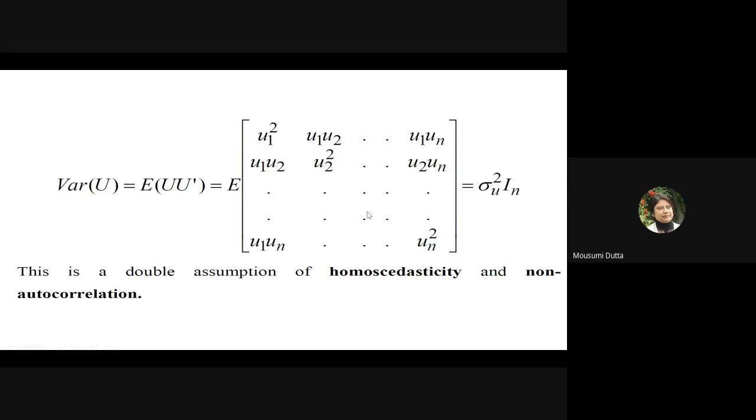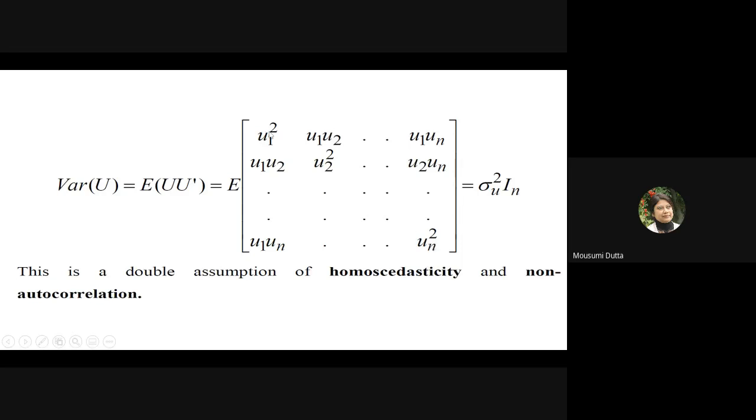We assume these variances are constant: expectation of u1 square is sigma u square, expectation of u2 square is sigma u square, expectation of un square is also sigma u square. So I consider the variances to be all constant.